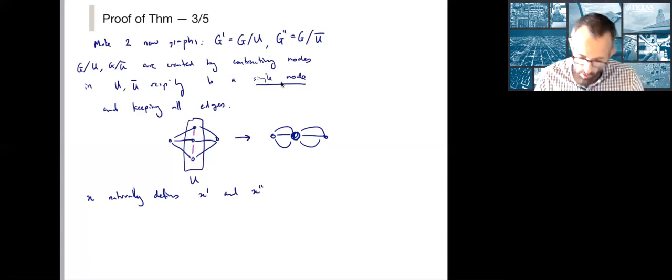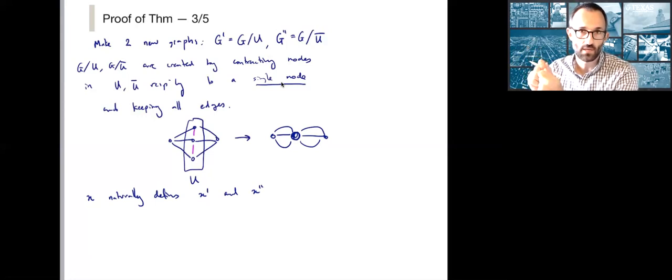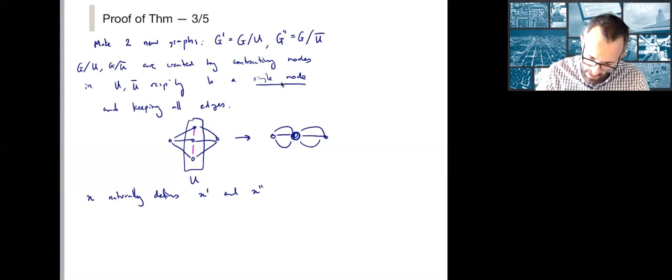So this was my original graph. You can see that in this process, all of the edges joining nodes in U are collapsed, or for G double dash, the nodes in U complement, those go away. I basically just delete those edges, remove those coordinates from X, and I get either X dash or X double dash. So X naturally defines X dash and X double dash.